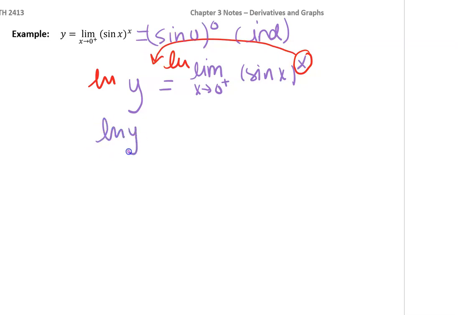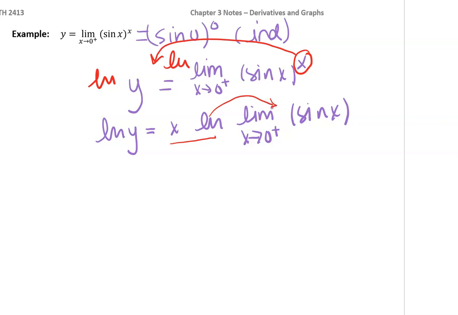So this gives me ln y equal to x ln of the limit as x approaches 0 from the right of sine x. And just like in the previous problem, I'm going to take this x ln and move those coefficients back in. It gives me ln y equal to the limit as x approaches 0 from the right of x ln of sine x.